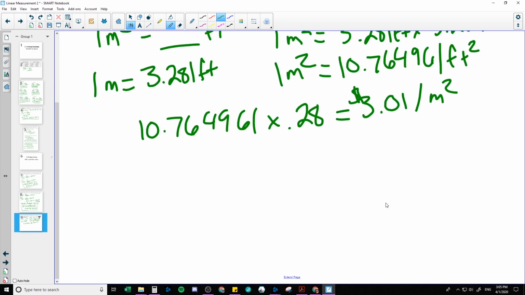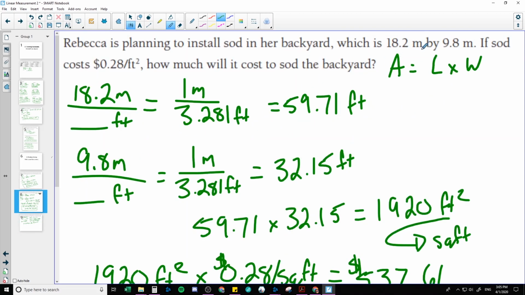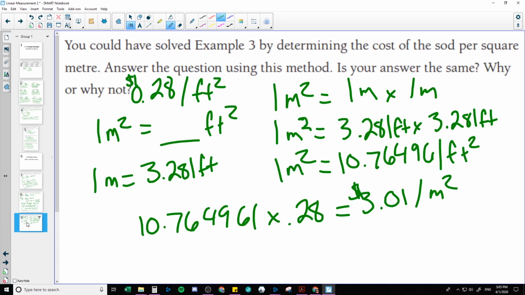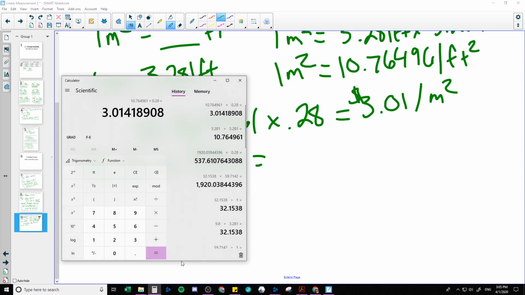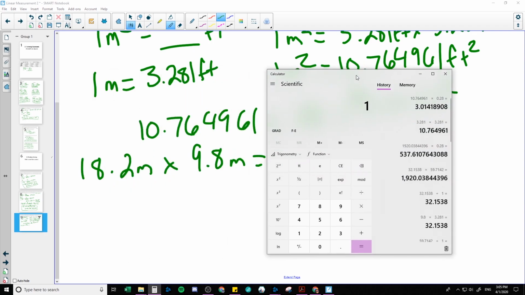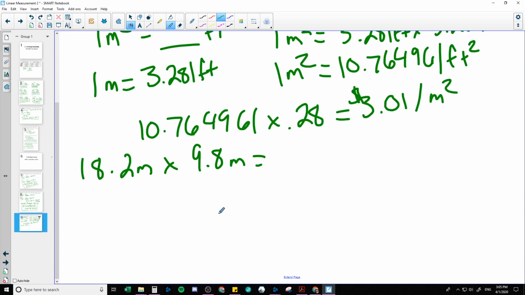Now we need to say, all right, what was the area in meters squared? And let's remind ourselves what the dimensions were, 18.2 by 9.8. So 18.2 meters times 9.8 meters equals 178.36 meters squared.